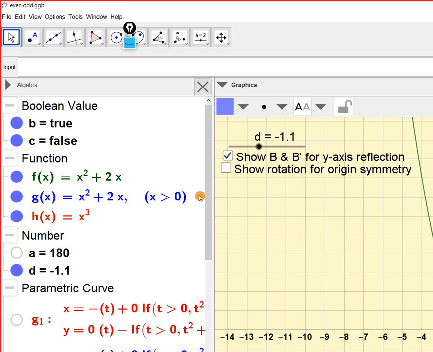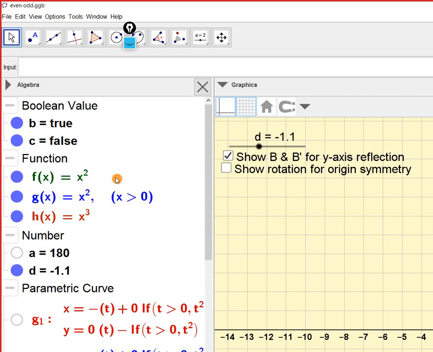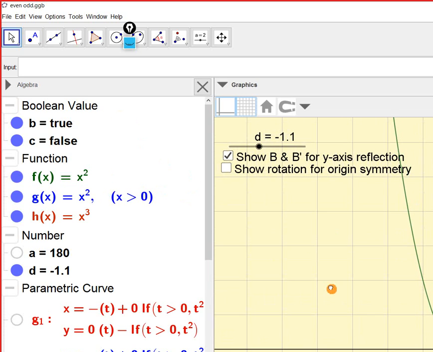Let's look at this real quick. Let's go back to just x squared. Give me a point that's on x squared. 2, 4. Okay, so 2, 4 is on x squared.